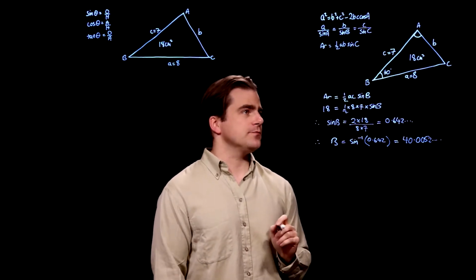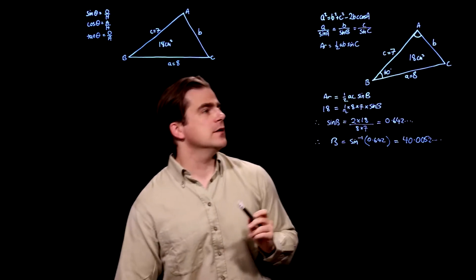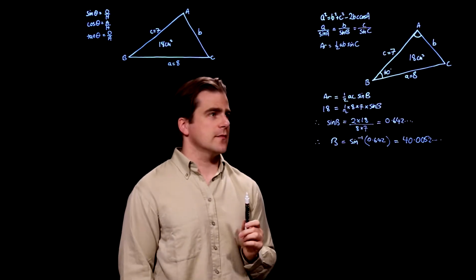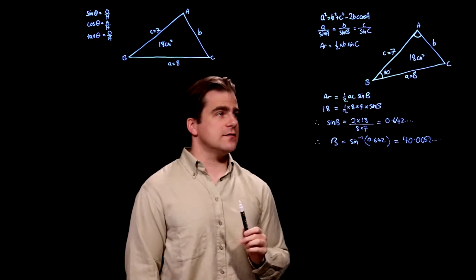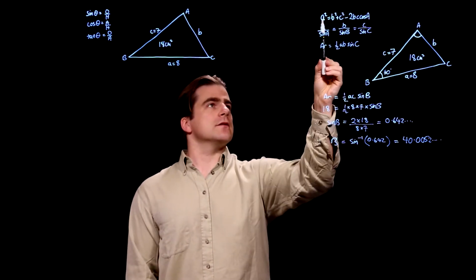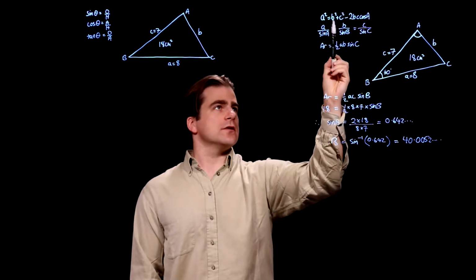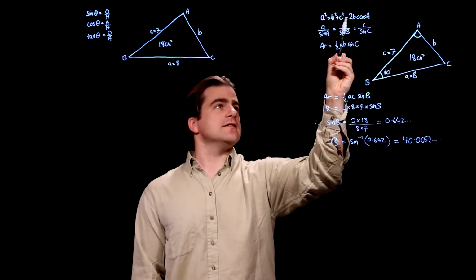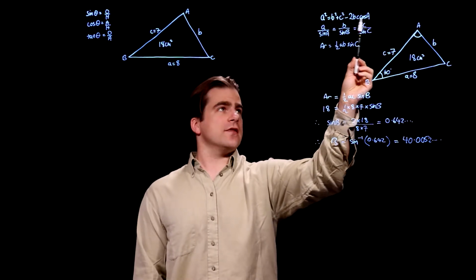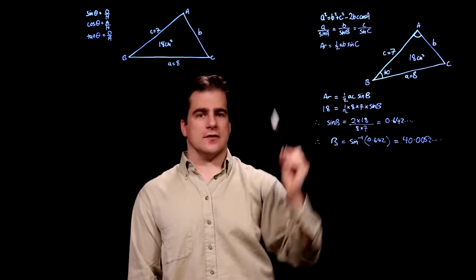Right, good. So now we have two sides and the angle between them. Let's go back to our equations and see what we can do with that. Well, look at this one, the cosine rule. Two sides, BC, and the angle between them, A. So we know everything on that side, which means we can work out another side.